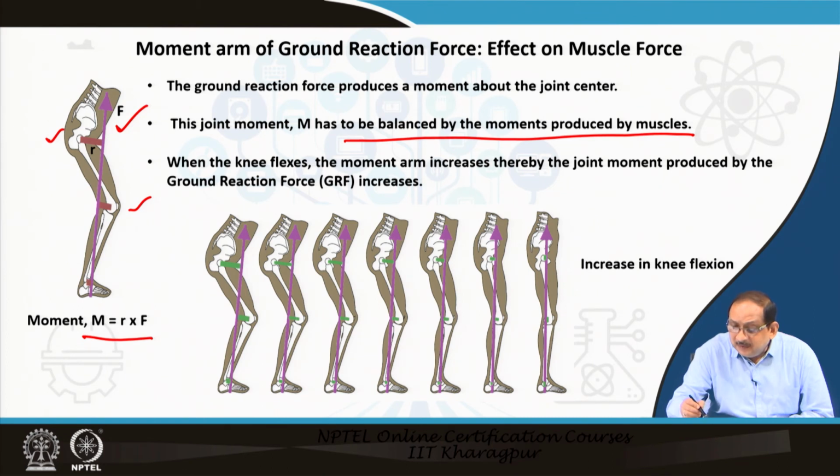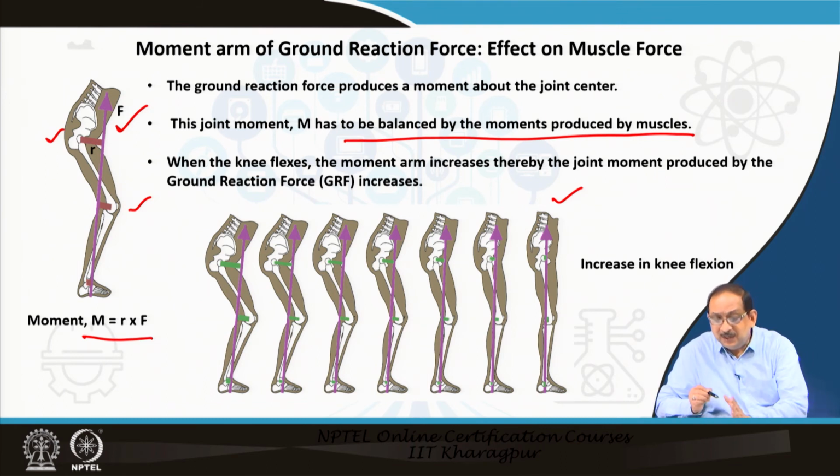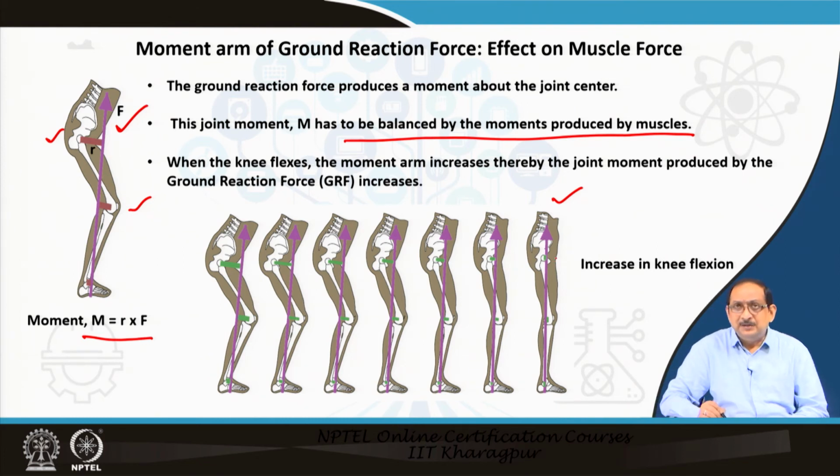Now, let us first look at the rightmost figure, which is a standing position. As you can see, when a person is standing, the ground reaction force is passing through the joint centers, the knee joint center and the hip joint center.